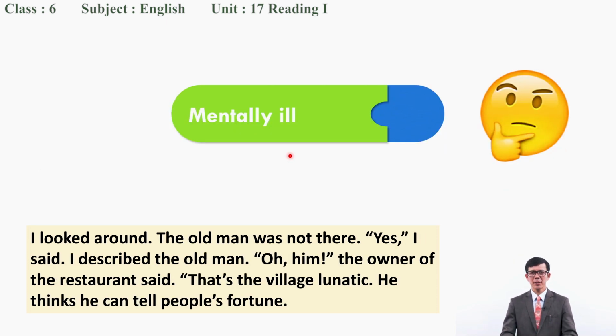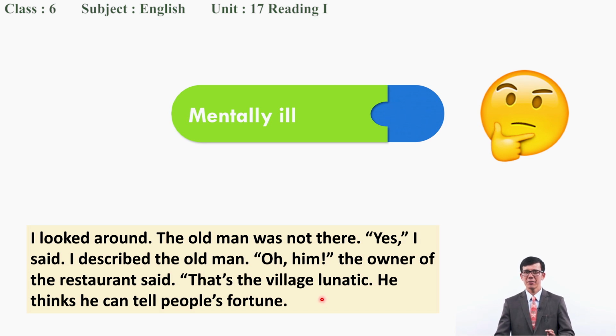Another word is mentally ill. You have already discussed mentally ill in the story. Please have a look at this text again. It is given at the end of the story, the last paragraph. I looked around, the old man was not there. Yes, I said. I described the old man. Oh, him? The owner of the restaurant said. That's the village lunatic. What does lunatic mean?